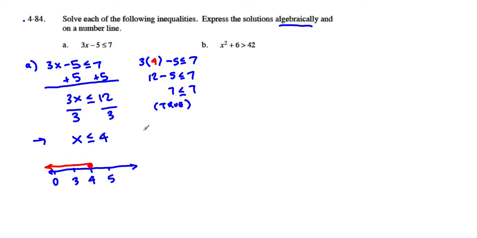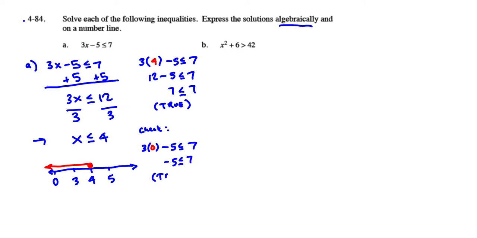Let's check that by saying, we're going to say here 3 times 0, when we take away 5, is going to be less than or equal to 7. 3 times 0 is 0. 0 minus 5 is negative 5. Negative 5 is less than 7.